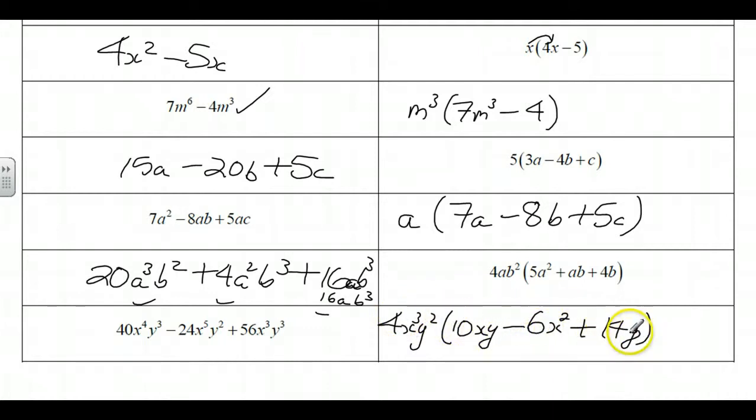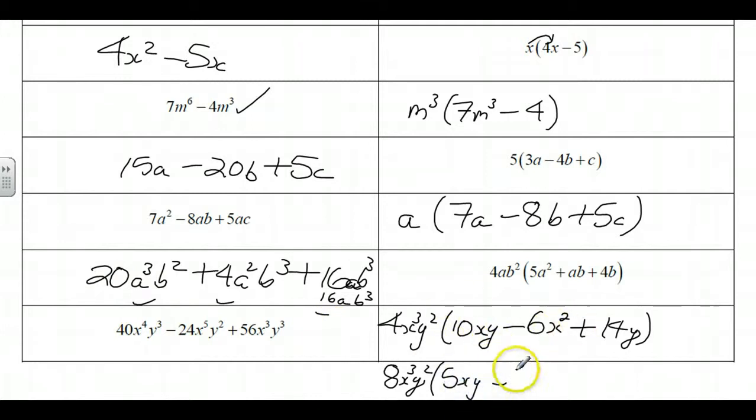That's good. But wait a sec. All of these guys are even. So I say, okay, I could take a 2 out of that, and a 2 out of that, and a 2 out of that, which means that I really need an 8 up front. So that's what I should have started with, was the 8. And then we can go in and just redo this, divide each of these by 8, or we can say I pulled a 2 out of here, 5xy.